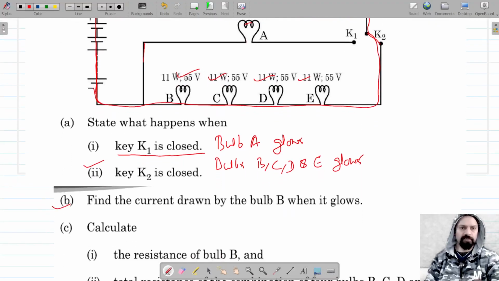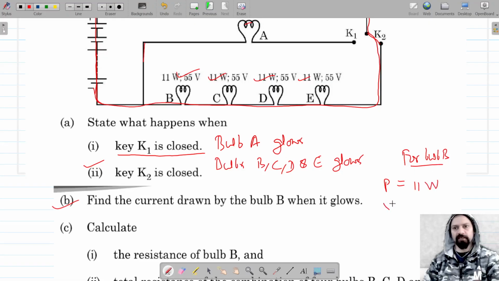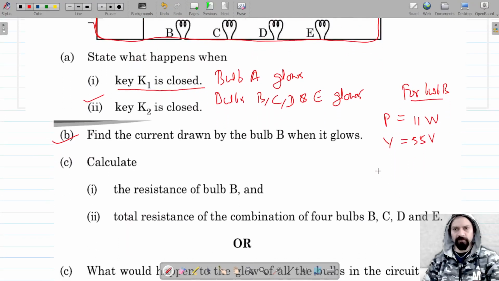Okay, for B, we have to find the current drawn by the bulb B when it glows. For bulb B, power is given, which is 11 watt, and potential difference is 55 volt. And we have to find the current.